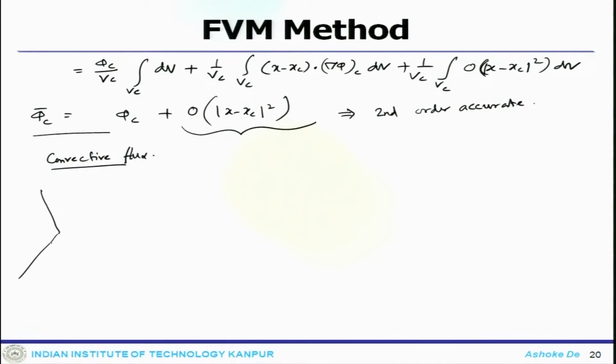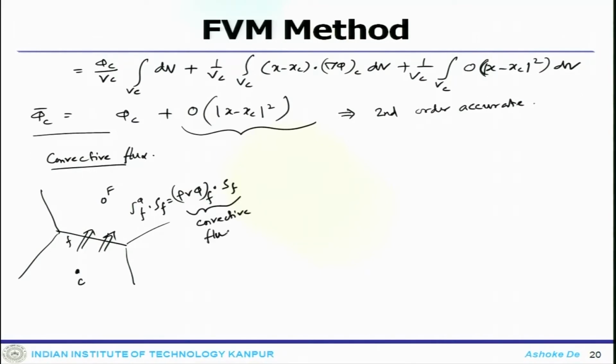You just take this side of the element, where this is C and this is the face F. So, J f dot S f is rho V phi dot S f, which is my convective flux, and my diffusive flux would be minus gamma del phi f dot S f. So, these are two components.